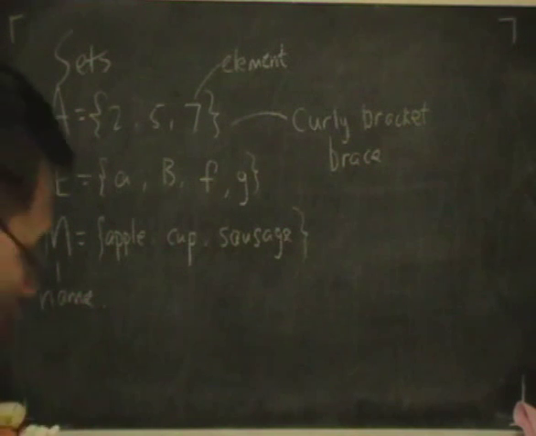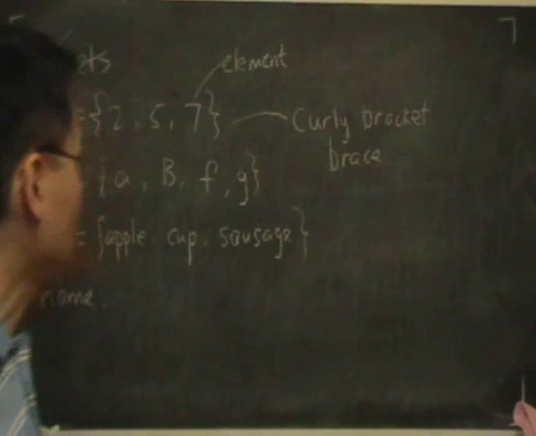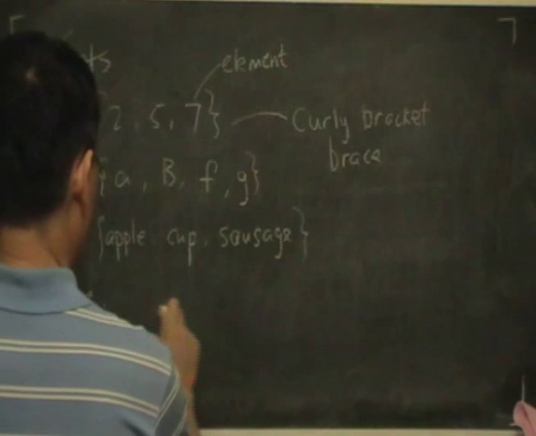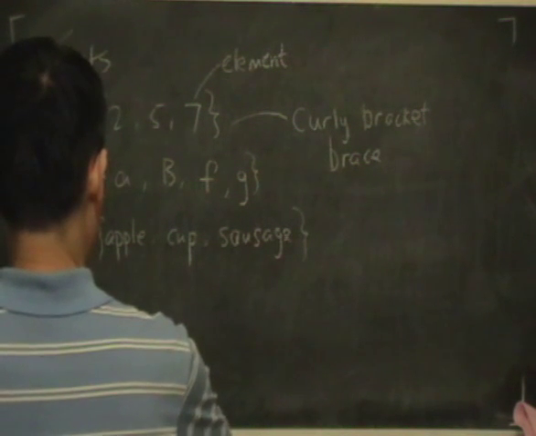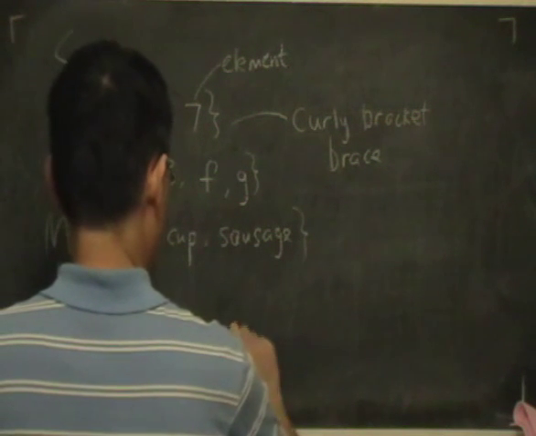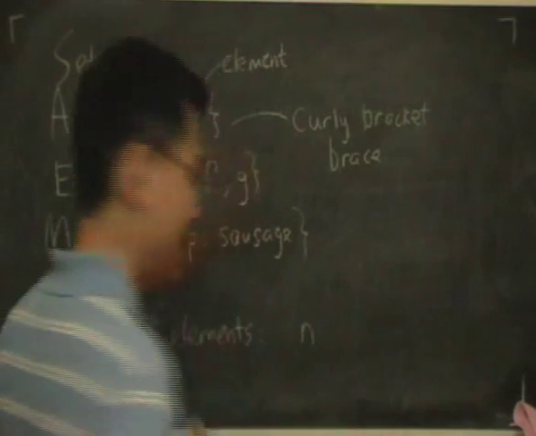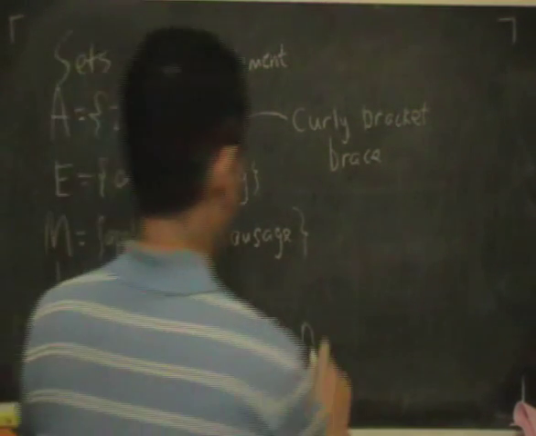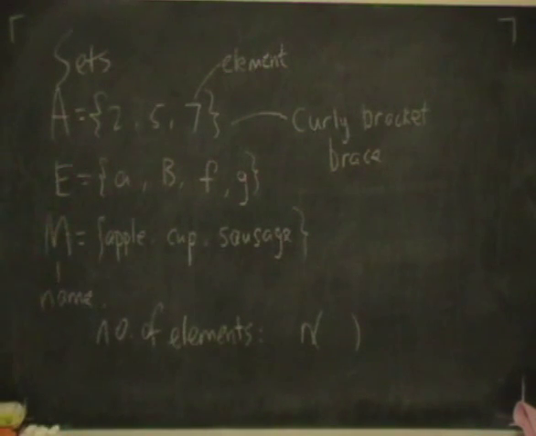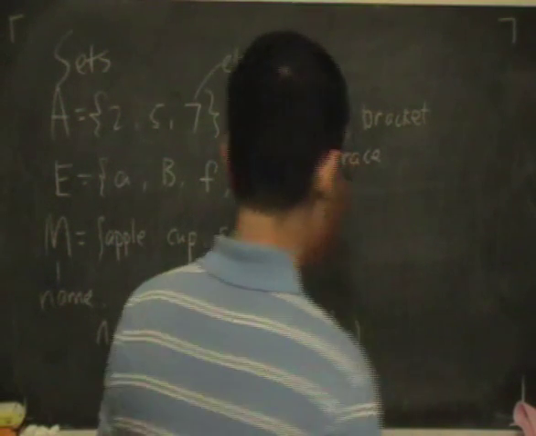So in mathematics, we have notation to represent this number of elements. It's written as little n, then the bracket, and if I'm interested to know the number of elements in A, I put the name A inside.